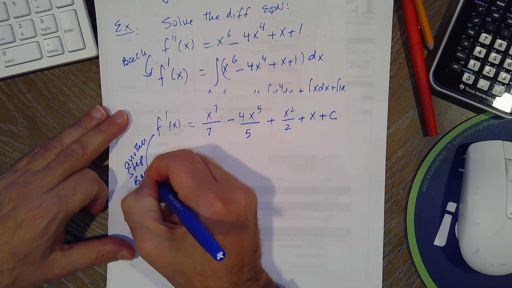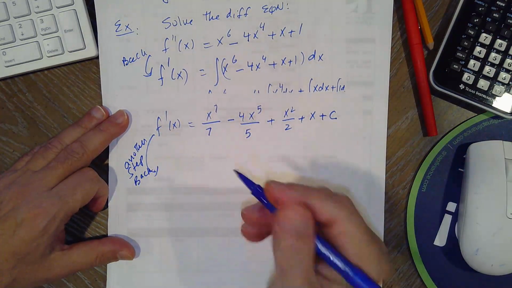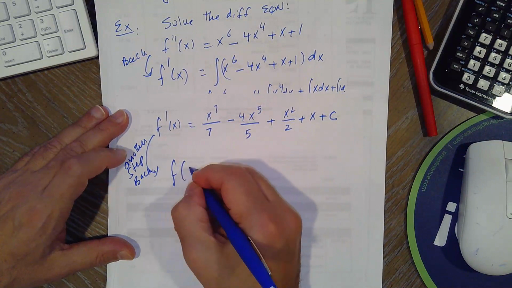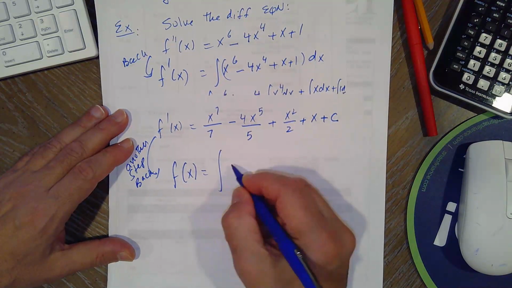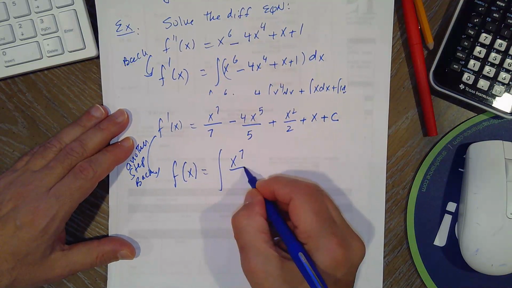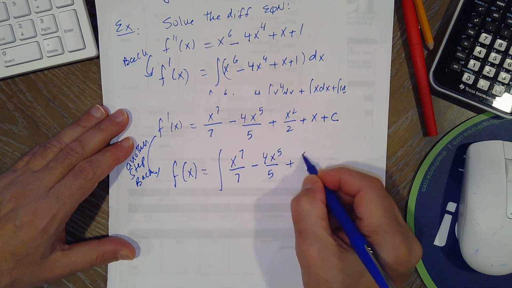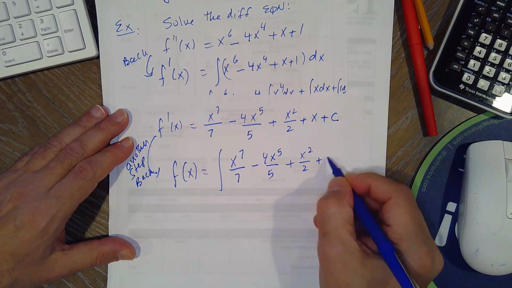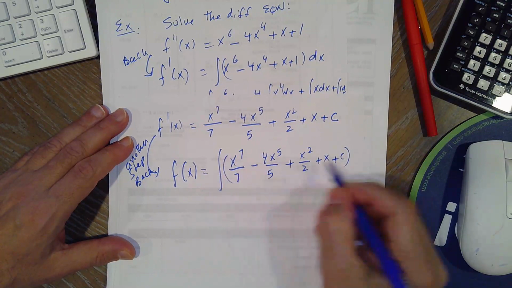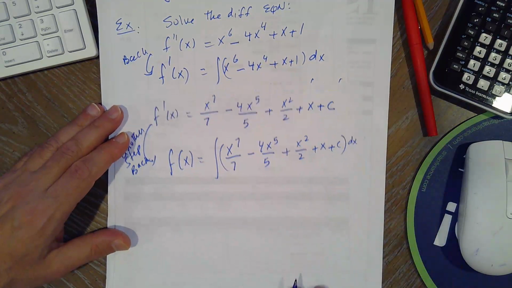So going back, you antidifferentiate, going forward, you differentiate. So f of x is, again, the antiderivative of x to the 7 over 7 minus 4x to the 5 over 5 plus x squared over 2 plus x plus c dx.